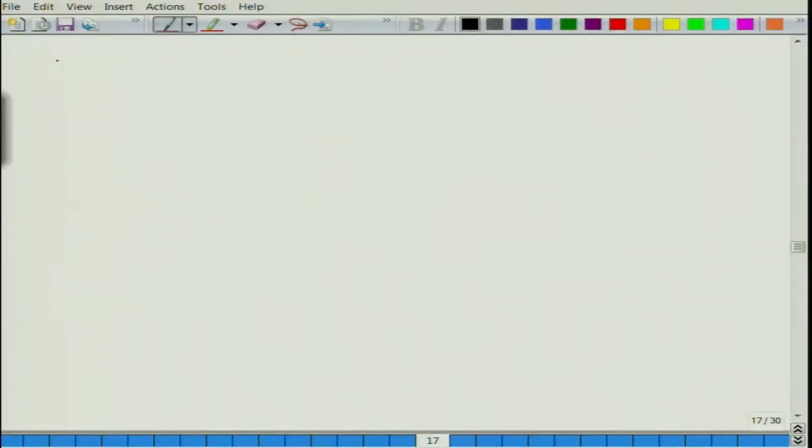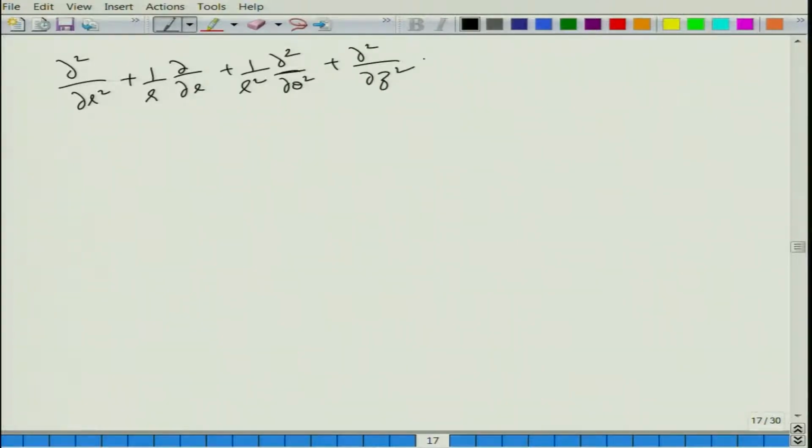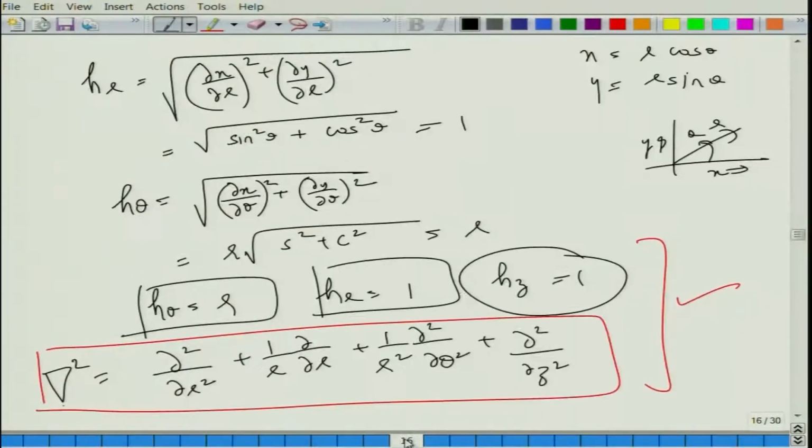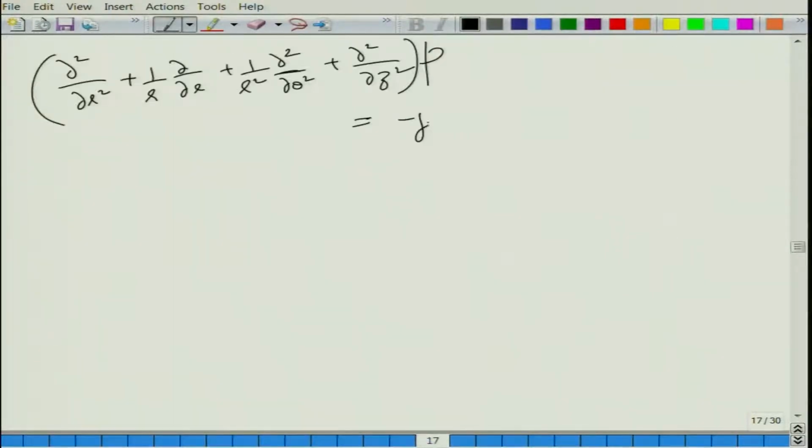So, it will look like this. We basically substitute in place of h r, h theta, h z the expressions that we have derived here, and that is your minus j omega rho naught q naught, delta of r minus r naught.